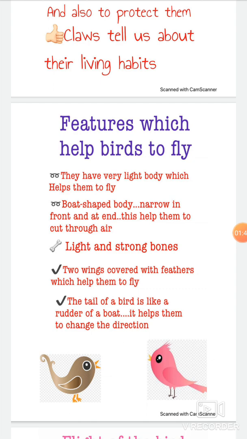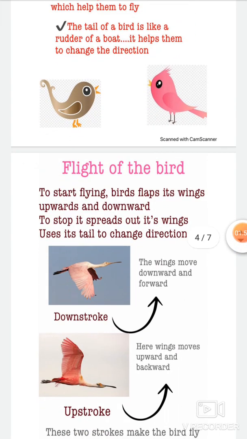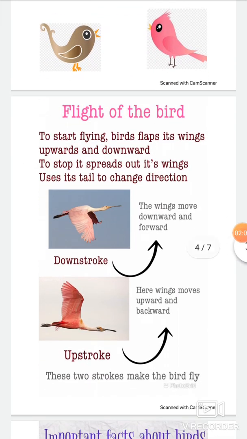A rudder is a piece of wood or metal, you can say, that is used for controlling the direction while flying in the sky. So these were the features. Now, the flight of the bird, the way they fly in the sky.